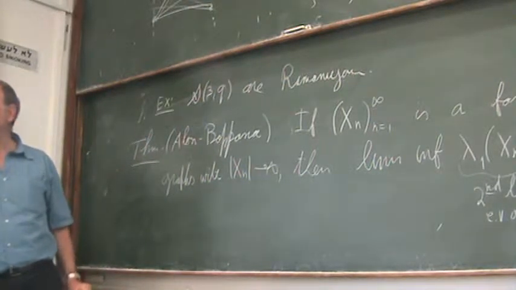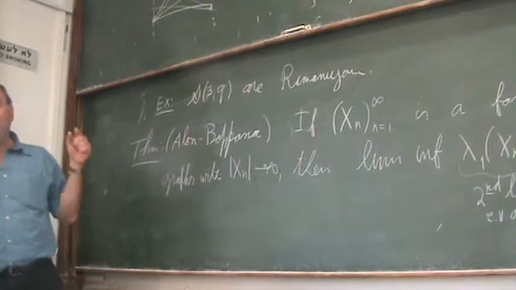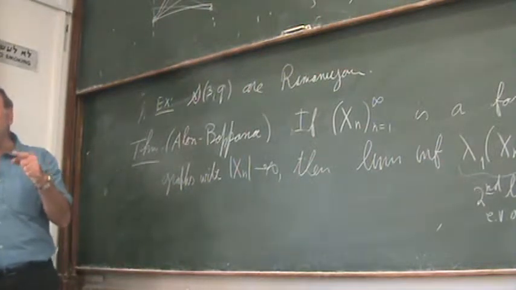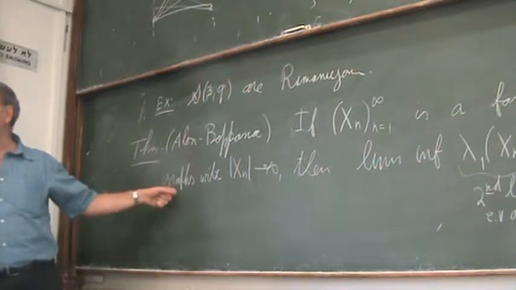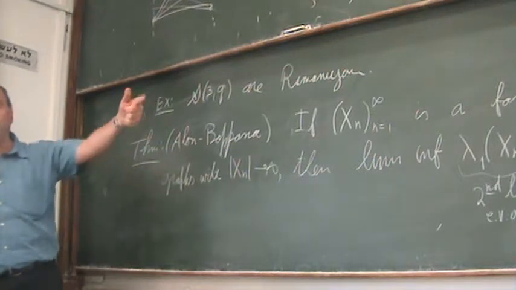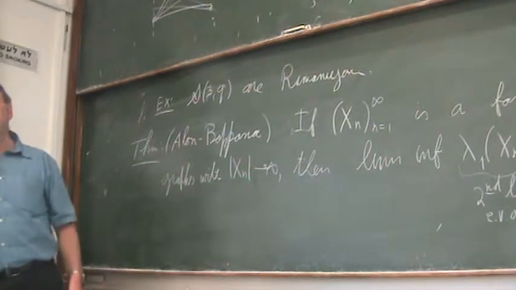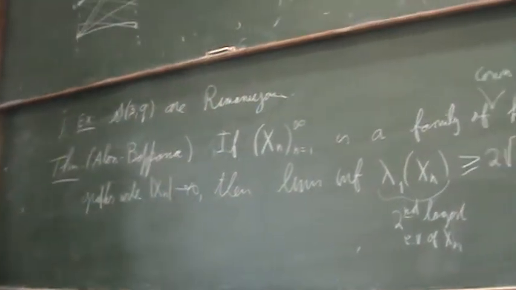That's an important thing to notice and to remember. For a fixed k, you cannot win. You cannot overcome the Alon-Boppana bound, or the Ramanujan bound. You can win when k is going to infinity. You can arrange smaller and smaller.